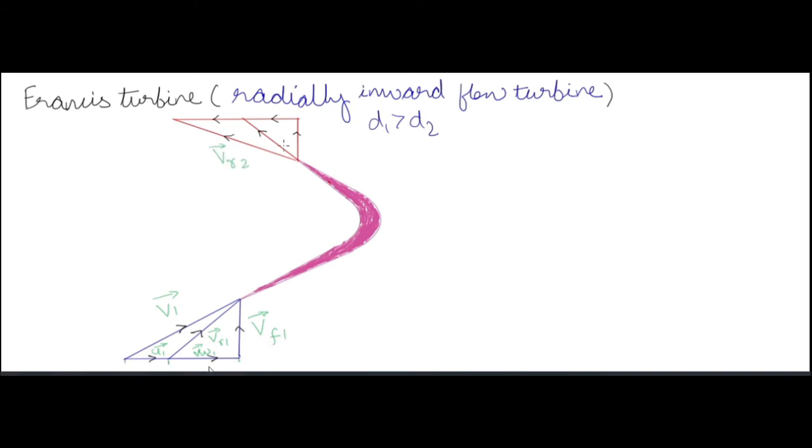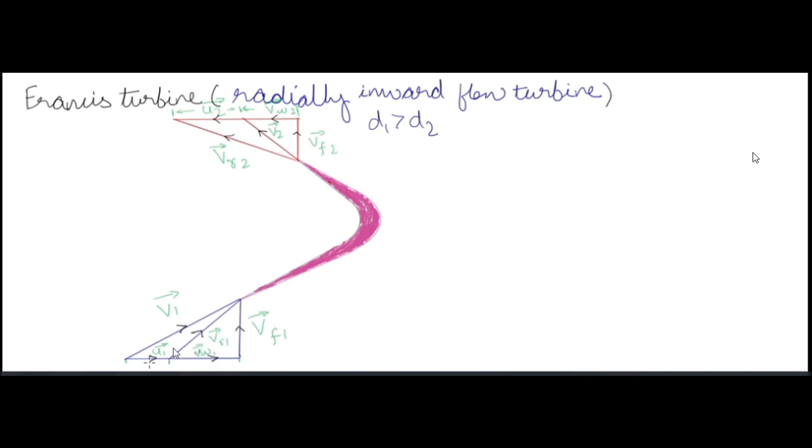V1 is the absolute velocity at inlet, Vf1 is flow velocity at inlet, U1 is blade velocity at inlet, Vw1 is whirl velocity at inlet, and Vr1 is relative velocity at inlet. So Vf1 and Vw1 make V1, and also Vr1 and U1 make V1.